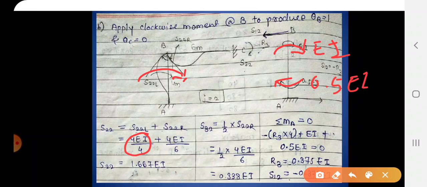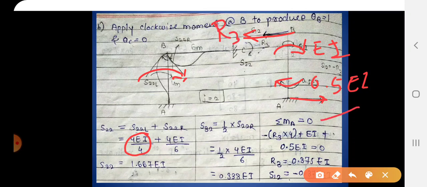You can see these two moments are causing clockwise moments. Therefore, this reaction at B will be towards left, which will cause anti-clockwise moment to keep this AB column in equilibrium. So R3 in the left direction.